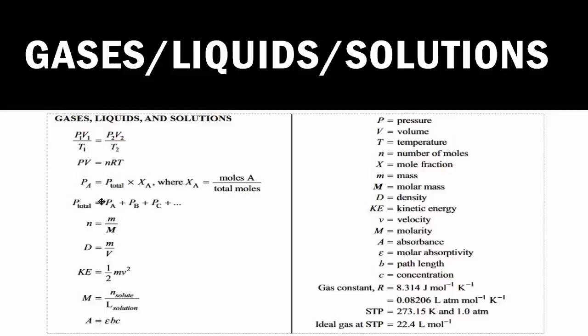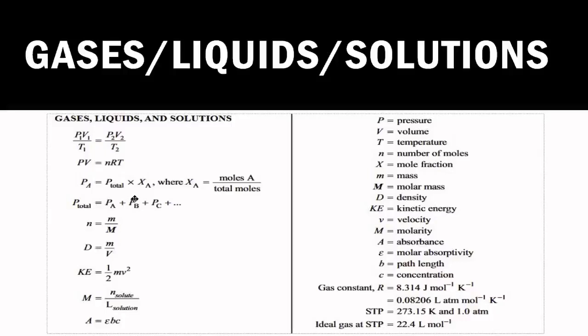This is saying that the pressure of one substance is equal to the total pressure of all substances, the P total, which you see down here, times XA, which is the mole fraction, where it's moles of A, so how many moles the A substance has, divided by the total moles of every single substance in this list, which makes sense because we are trying to find a part of it, and so this is the fraction of what PA is compared to everything in P total.